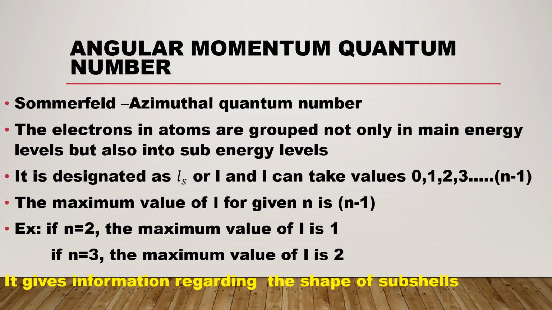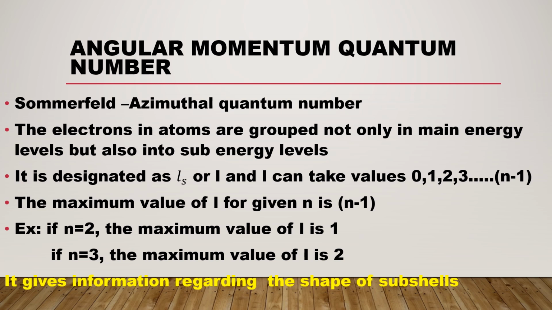The maximum value of l for a given principal quantum number n is n-1. For example, if n equals 3, the maximum value of l is 2. For n equals 3, what are the possible l values? 0, 1, 2.